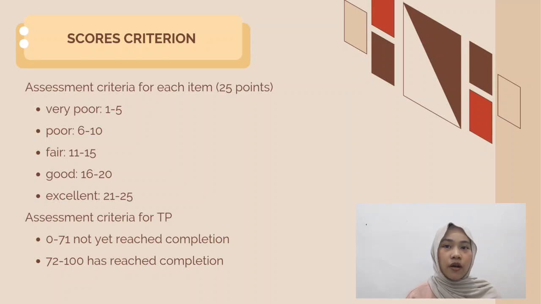Very poor is 1 to 5, poor 6 to 10, fair 11 to 15, good 16 to 20, excellent 21 to 25. And also the assessment criteria for TP is 0 to 71, not yet reached completion, and 72 until 100, has reached completion.